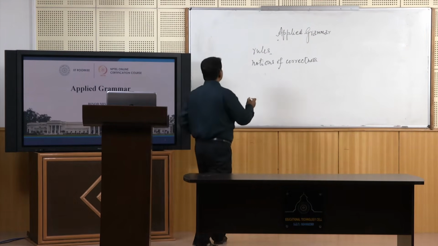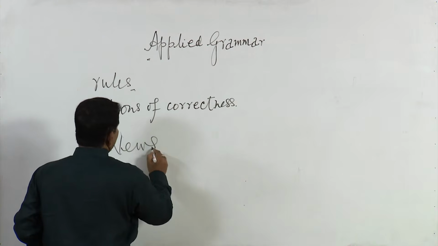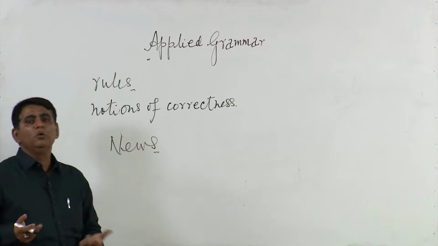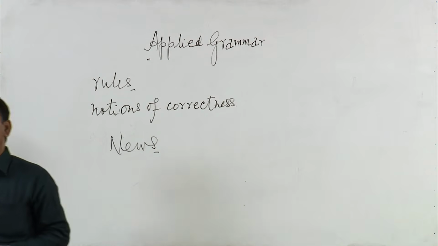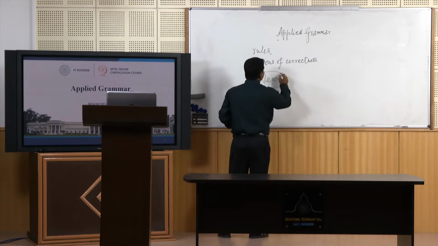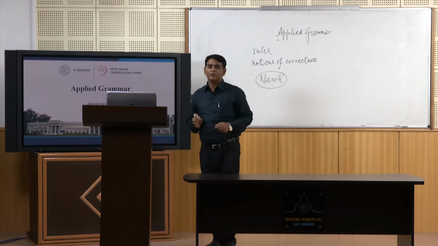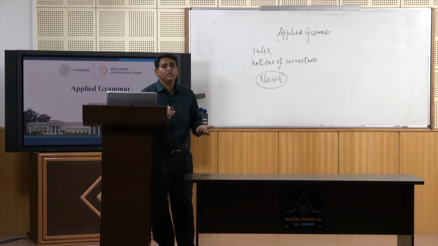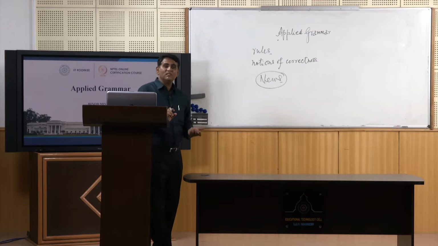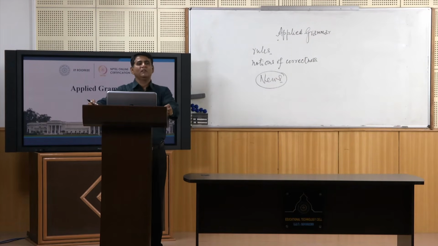For example, when you say news, it also has got s, but then it is not plural, fine. So, news which looks like plural, but it is not plural, it is always singular. That is why we often say no news is good news. I haven't received any news from them.